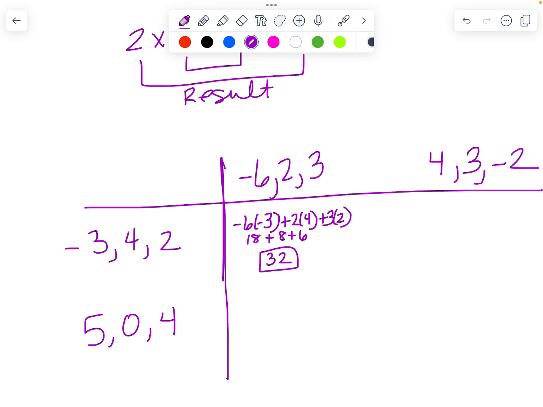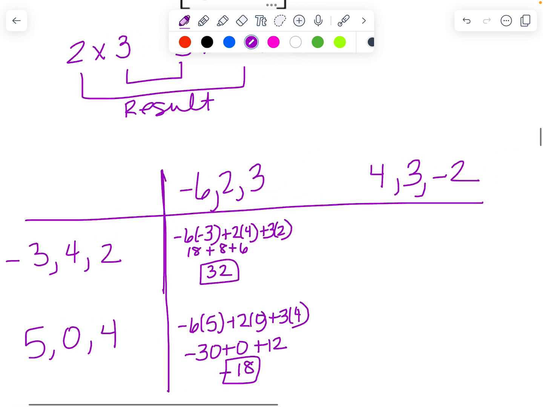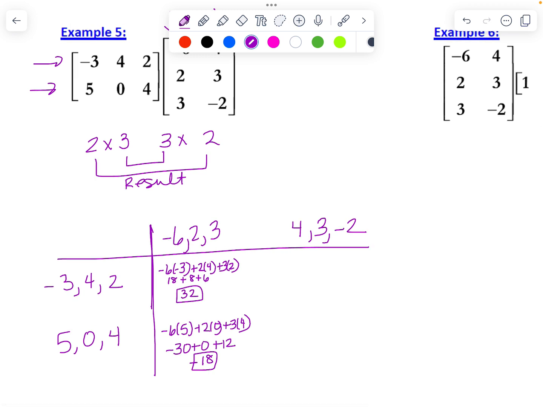I do the same thing. Here this becomes negative 6 times 5 plus 2 times 0 plus 3 times 4. So negative 30 plus 0 plus 12. So this is going to be negative 18. Then I would do the same thing. I have 4 times negative 3 plus 3 times 4 plus negative 2 times 2. So I have negative 12 plus 12 plus negative 4, which gives me a negative 4.